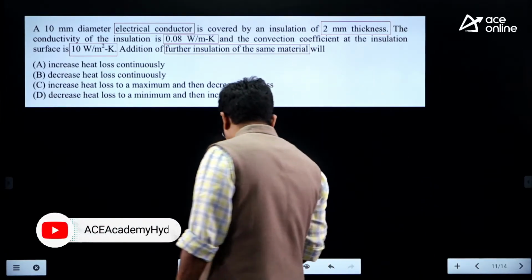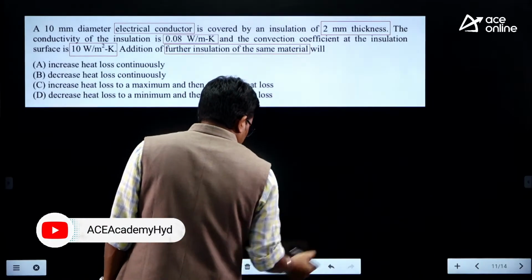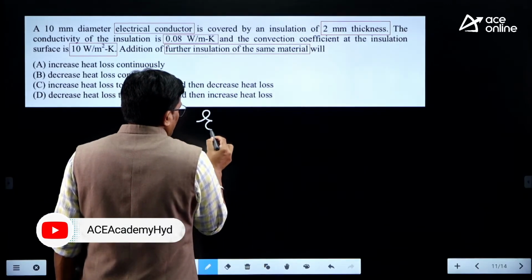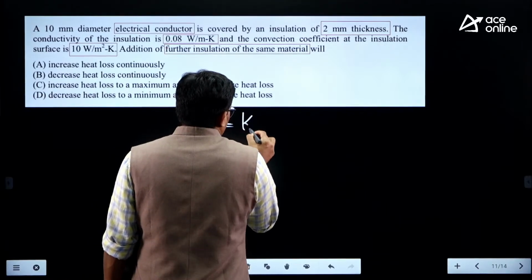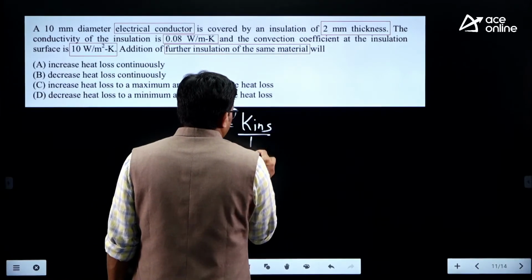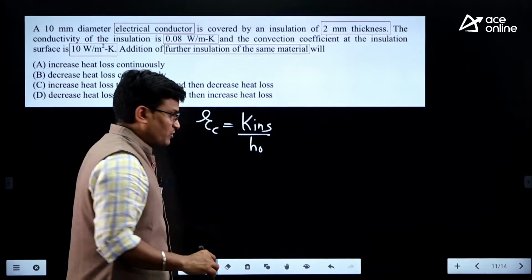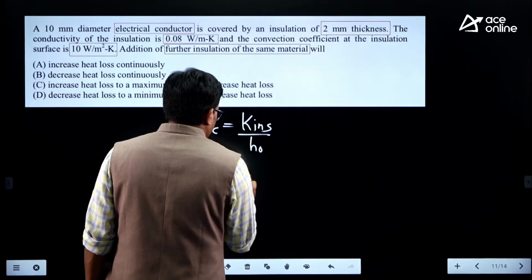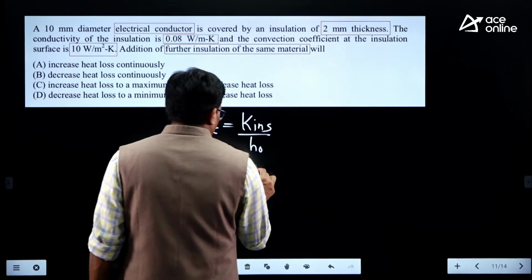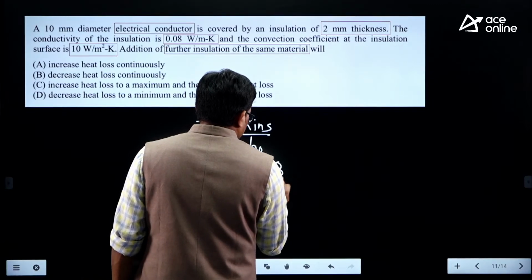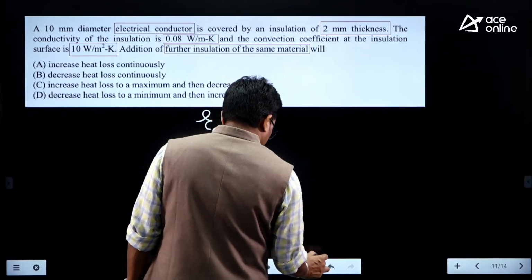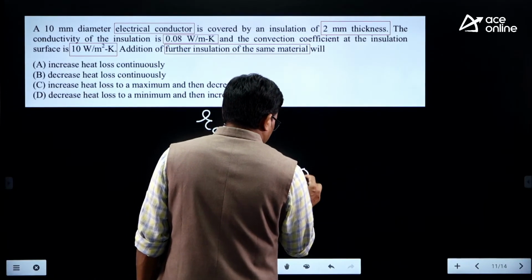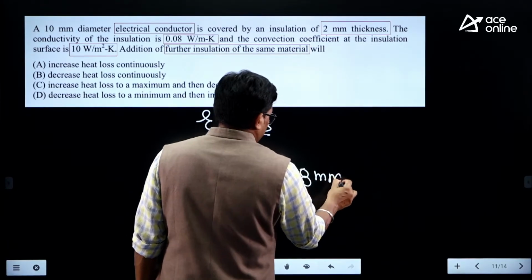Simple. Without wasting time, first we will calculate RC. It's a wire, so K insulation by H outside. So RC is 0.08 by 10. If you solve this, you will get 8 mm.